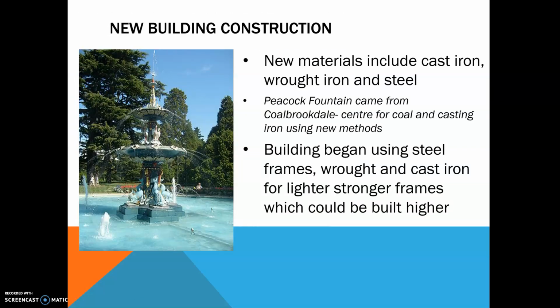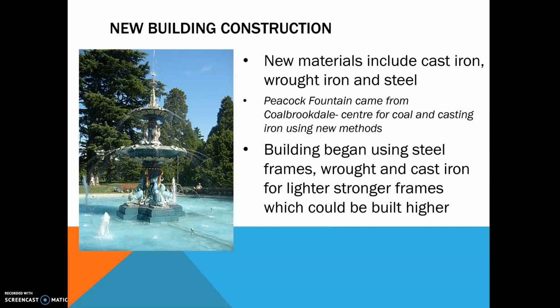So now we're moving on to aspects of building construction. The new materials that are available to build in, and which offer a change in architecture, include the development of cast iron. Now this in itself is not a new material. Wrought iron and steel, which is a new material. So this photograph here is a fountain.